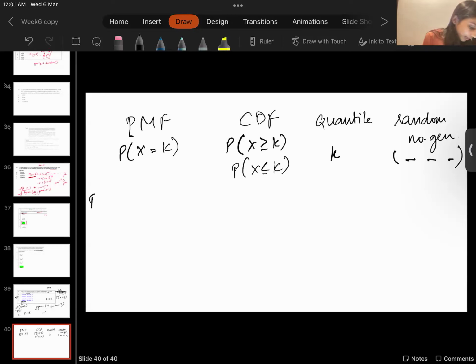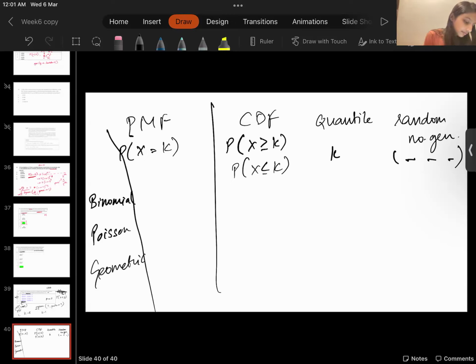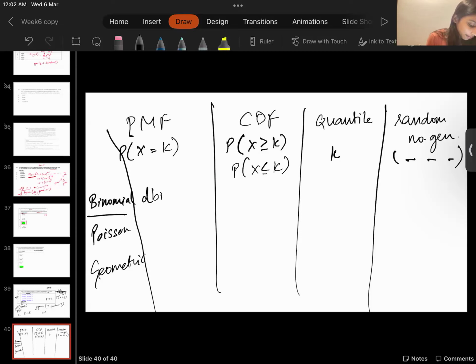So we saw binomial, Poisson, and geometric distributions. For the binomial distribution, if you want to calculate P of x is equal to k, which is a PMF, you use dbinom. Similarly for Poisson it's dpois and dgeom.